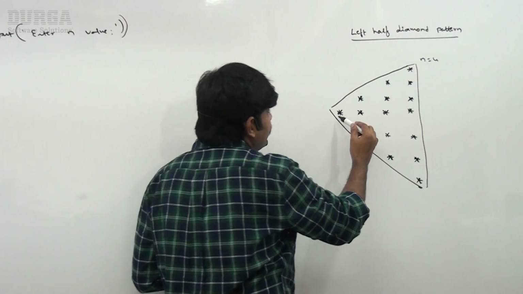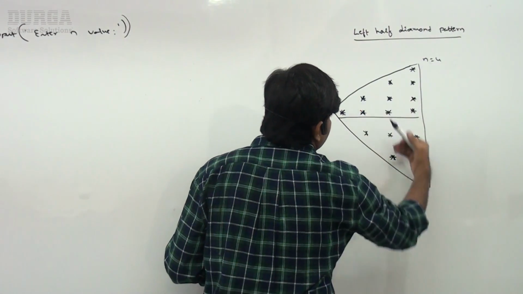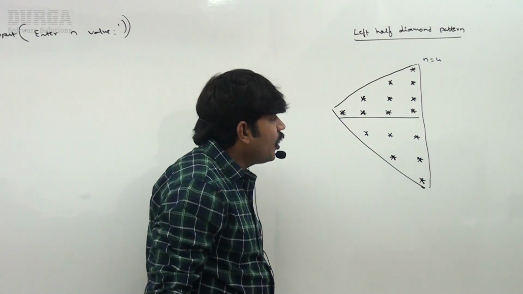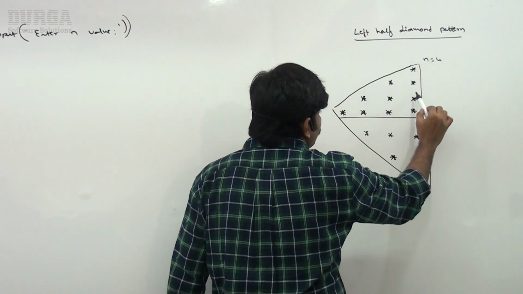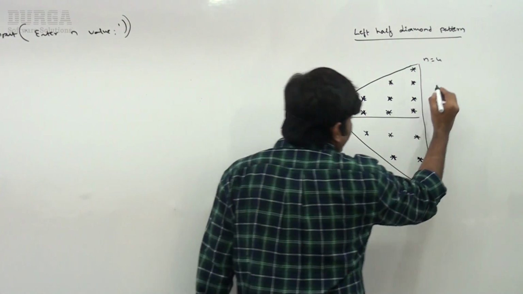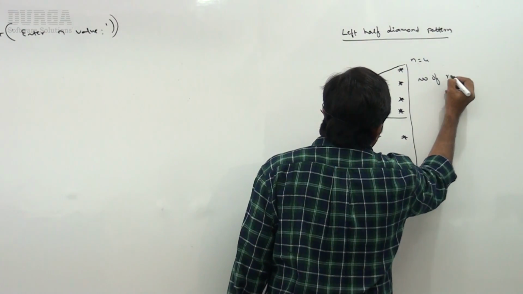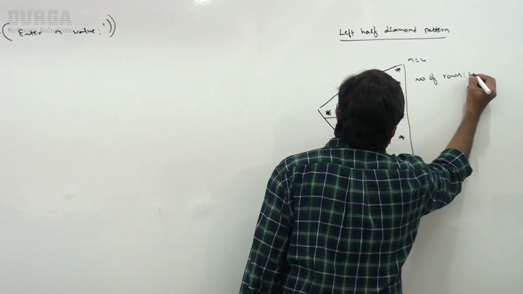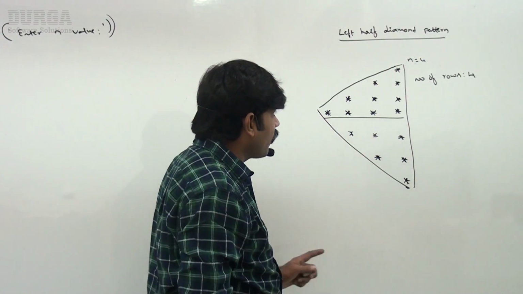Have you observed? This is the first half, now this is the second half. In the first half, how many rows are there? 1 2 3 4 rows are there. Number of rows is 4.